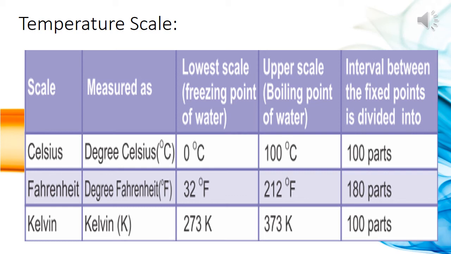So the lowest scale is 273 Kelvin and the upper scale is 373 Kelvin. And the Kelvin scale has 100 equal parts again.